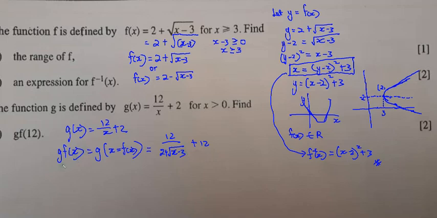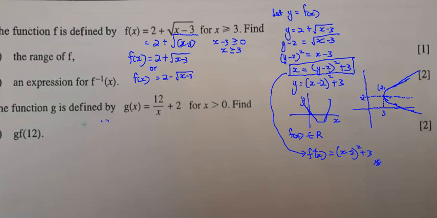Okay, let me repeat again. Because instead of finding the gf(x), it gives you the x is 12, so it's very straightforward. Then this is g bracket x equal to f(12). Okay, now g of f(12), what do you get for f(12)?